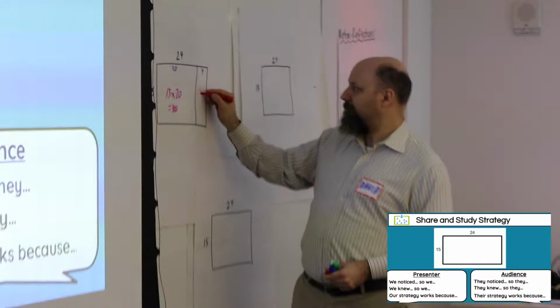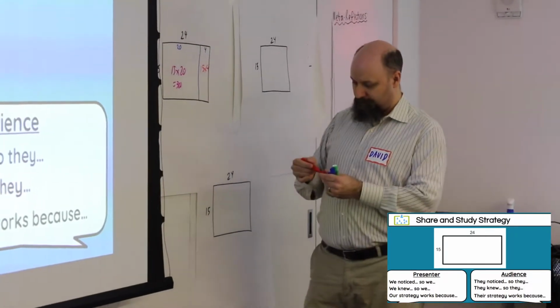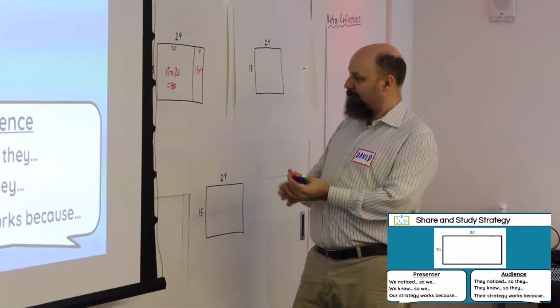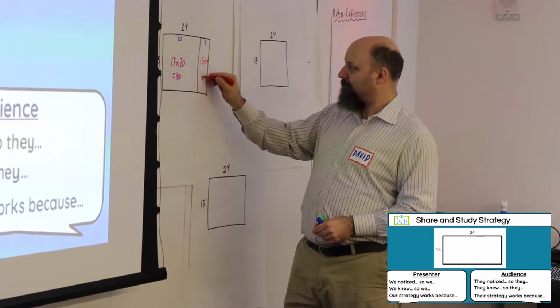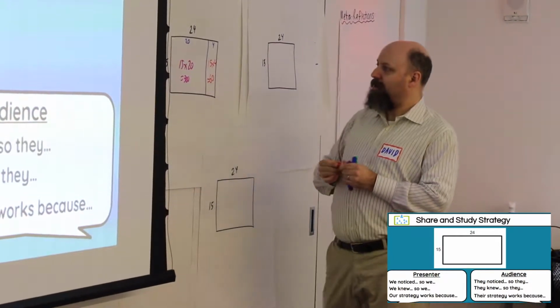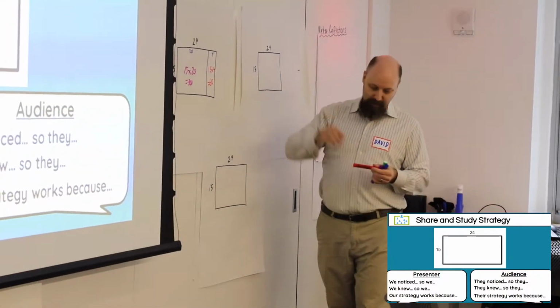And then they did 15 times 4, which is 60, and they added together the 300 and the 60 to get the total. How do they know that this was 15 by 4? Well, they changed the length by splitting it into 2 pieces, 20 by 4, but the 15 didn't change.